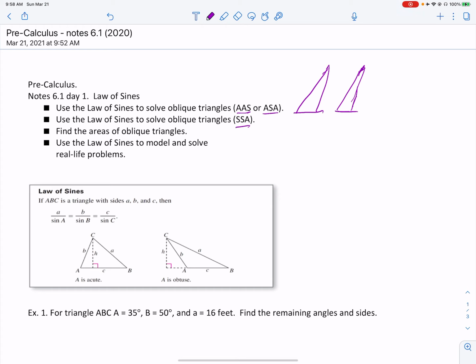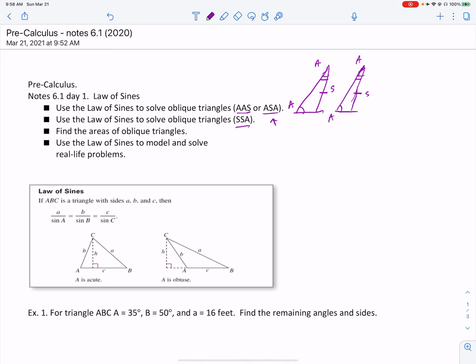Angle, angle, side just means you have two angles of one triangle equal to two angles of the other, and one of the non-included sides congruent. So it goes angle, angle, side, and the angle, angle, side of one triangle is congruent to that angle, angle, side of another triangle.